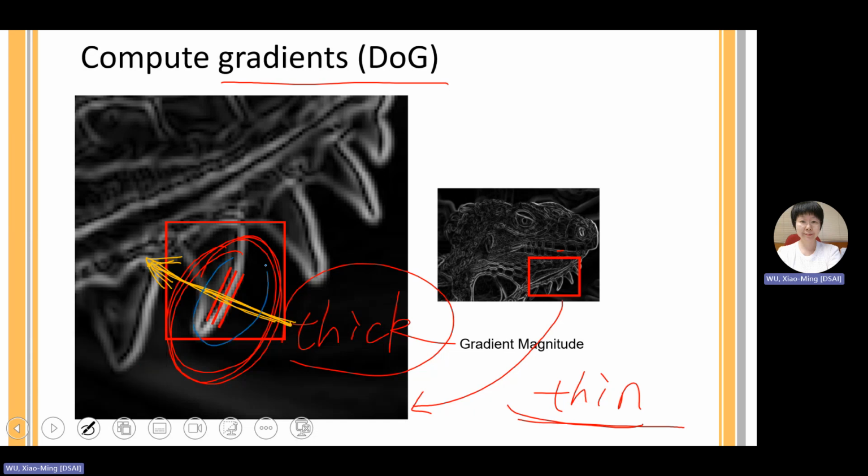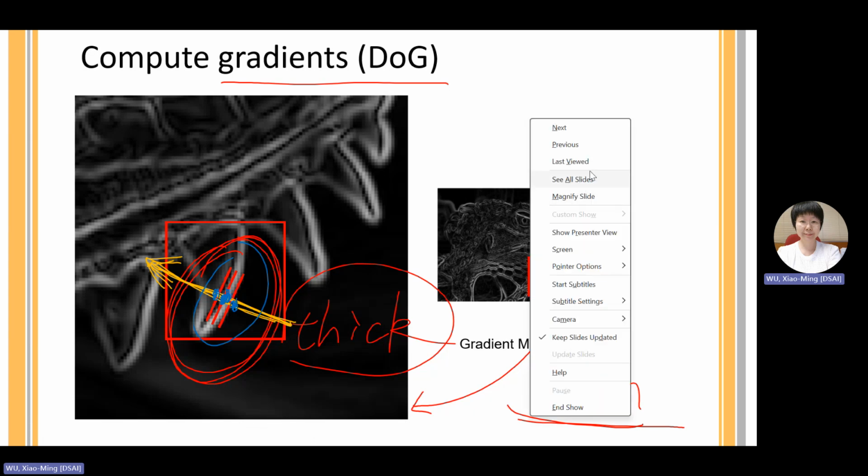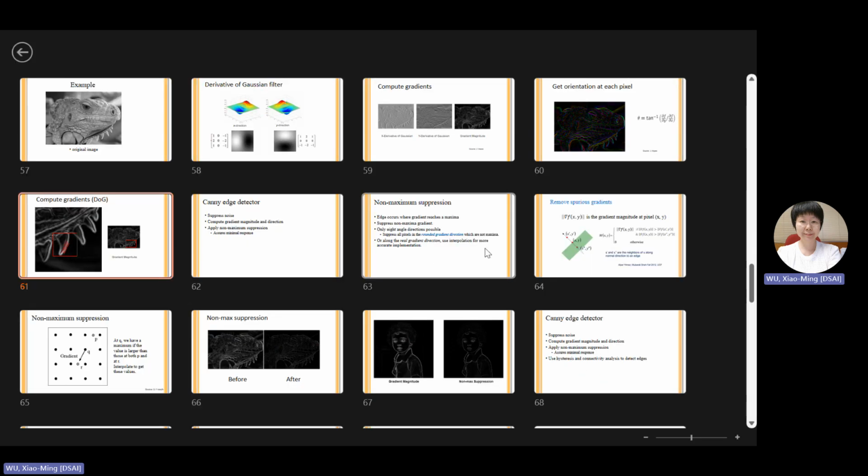Among the three edges, we only want to keep the one that has the largest gradient value. If the gradient of the middle one is bigger than its two neighbors, then we keep it. Otherwise, we discard it.